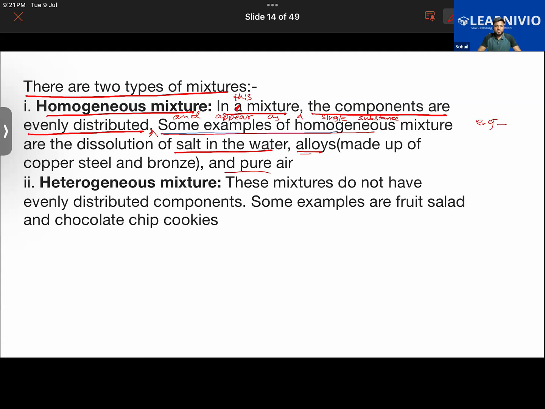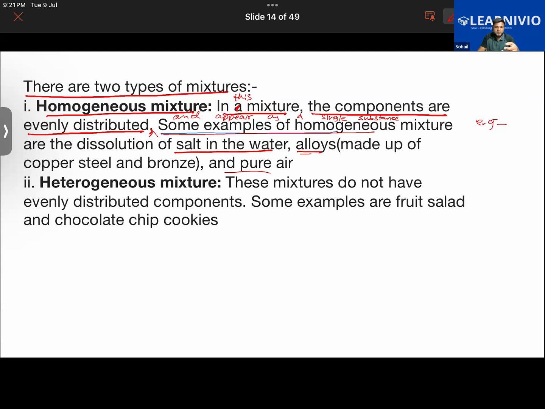Now let us learn about the alloys also. So the question is, what are alloys? Alloys are homogeneous mixtures of two or more metals, or a metal and a non-metal, chemically combined together. For example, you would have used utensils of brass.